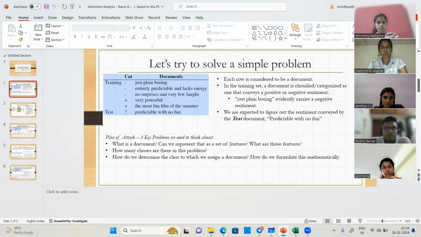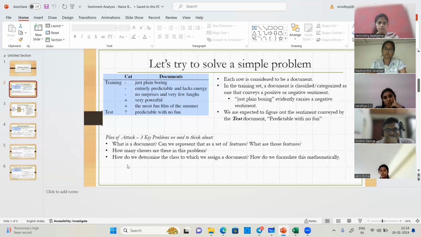What are the target classes and how many are there? And problem number three, how do we determine the class to which we assign a document? Basically, how do we learn the association between a document and a class? And how do we formulate this mathematically? Because finally, it's all about mathematics.